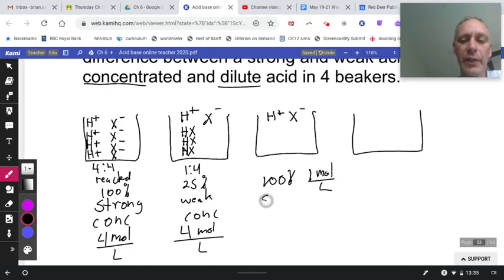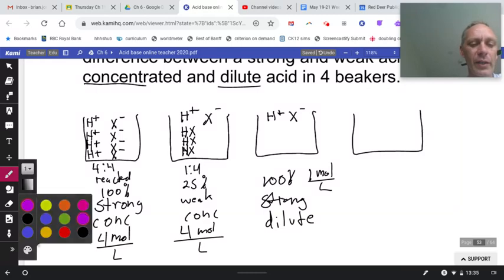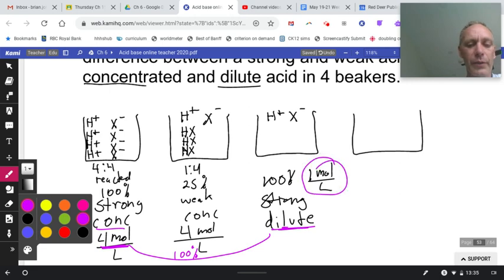So it is still a strong acid, but it is dilute. So if you compare both strong acids, both 100%, but concentrated, 4 moles per liter, dilute, 1 mole per liter.